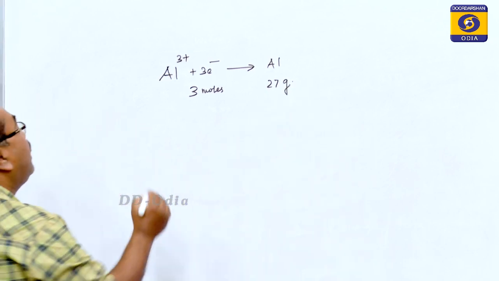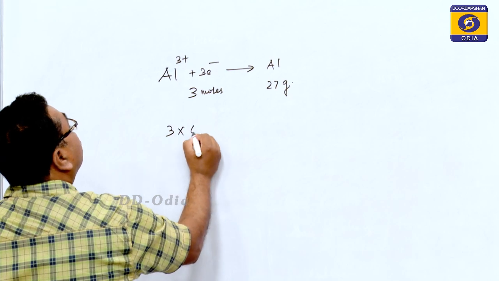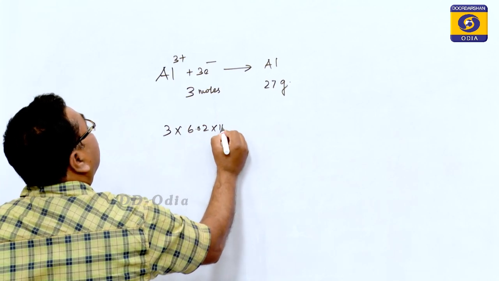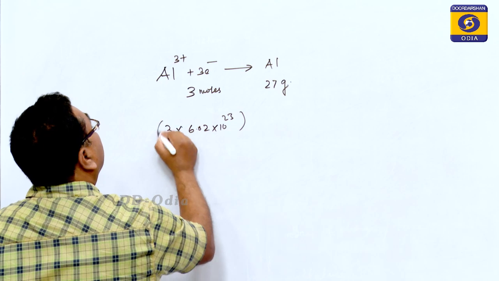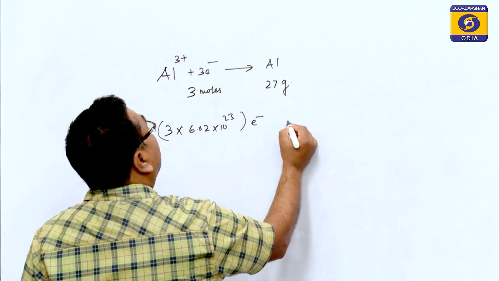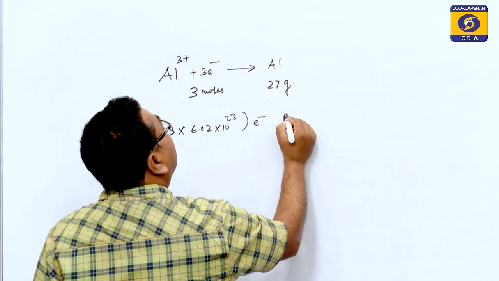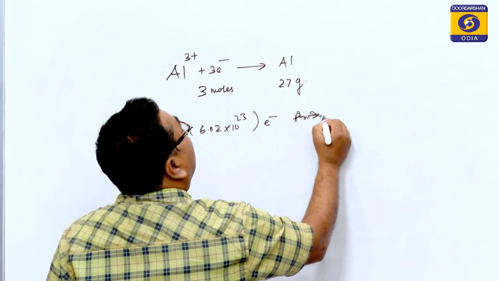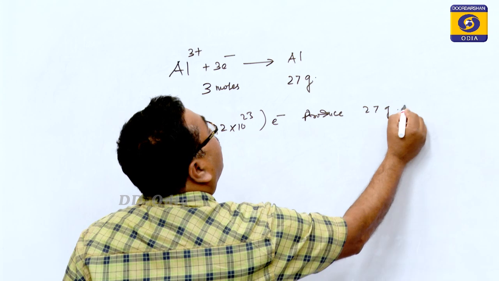So, we can say that 3 into 6.02 into 10 to the 23 number of electrons produce 27 gram of aluminum.